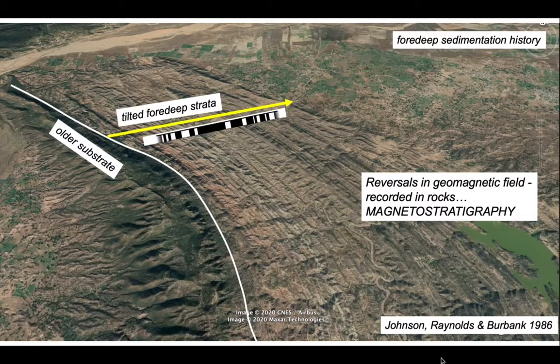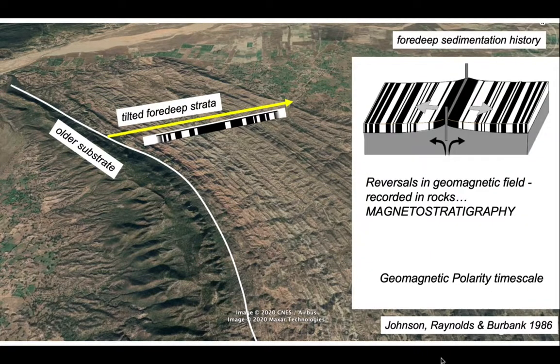To get a time scale, these workers used magnetostratigraphy, so reversals in the geomagnetic field recorded in the rocks. Well, the obvious representation of the geomagnetic polarity timescale comes from the seafloor spreading and the record of that in the magnetic anomaly patterns that are symmetrical about mid-ocean ridges.